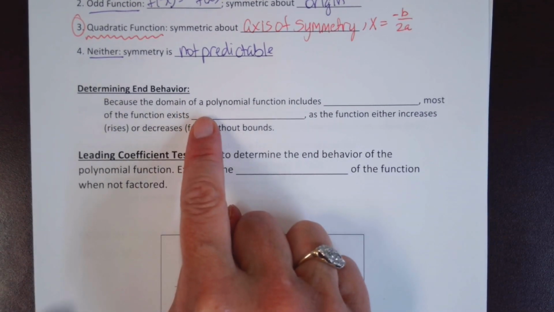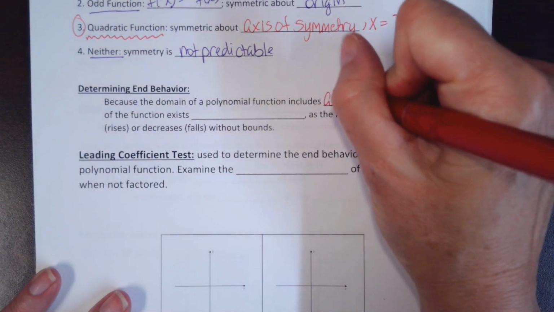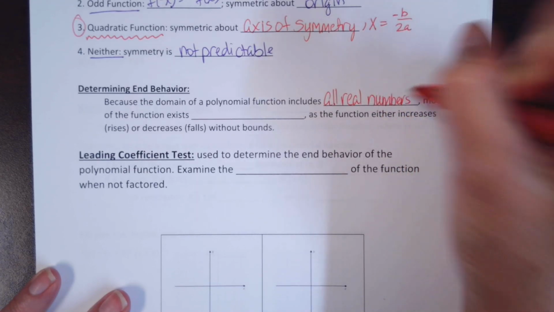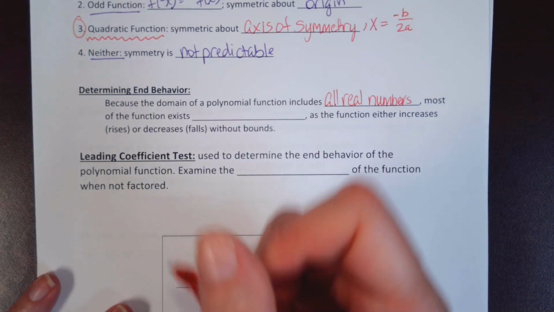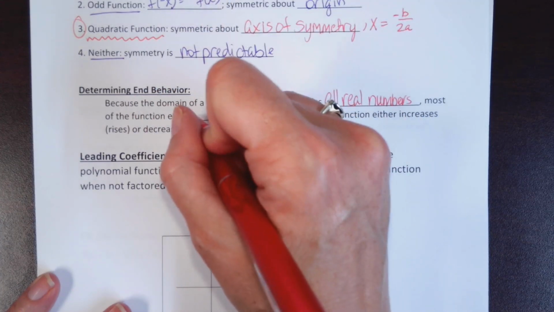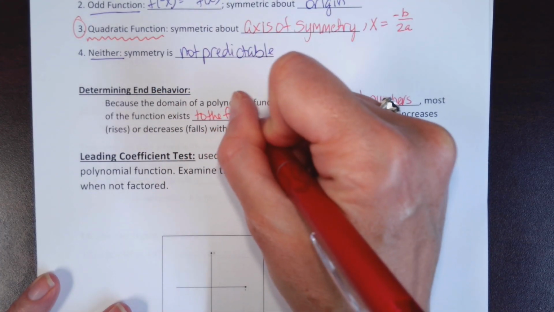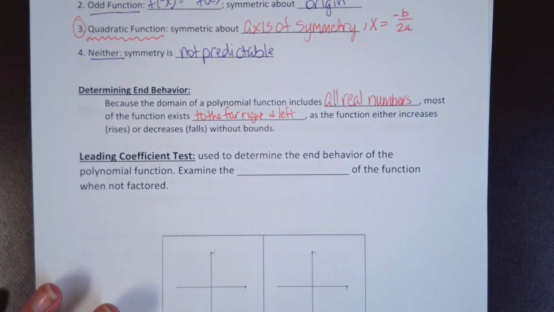Because the domain of a polynomial function includes all real numbers, most of that function exists at the ends, to the far right and left.